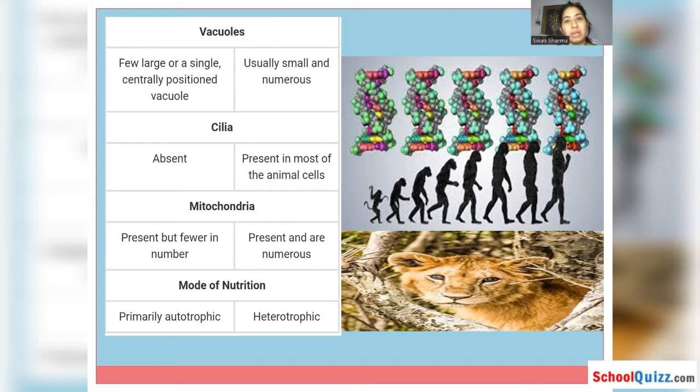Whereas heterotrophs like humans or animals are dependent on autotrophs, or we can say are dependent on plants for obtaining their nutritional requirement. So they are heterotrophs. Hetero means other and troph means food. They are dependent on others for their food intake. As we have seen in the food chain or food web, the sun is there.